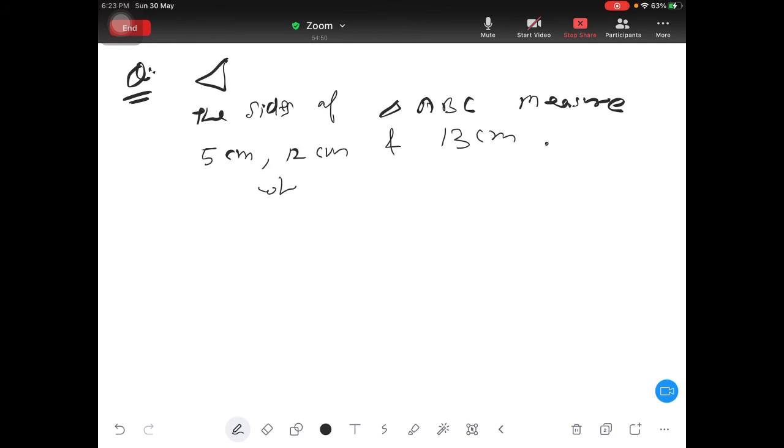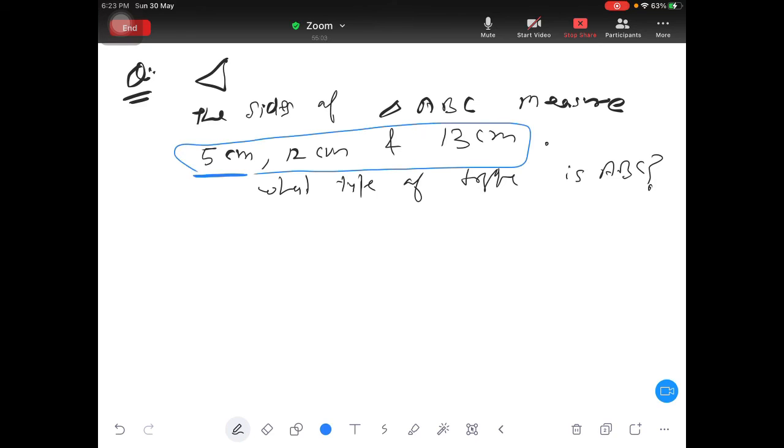So what type of triangle is ABC? Scalene is correct, but you have to choose one more. Suppose I am giving you options, and in that option I am not giving you scalene. Then there is one more thing you can choose.